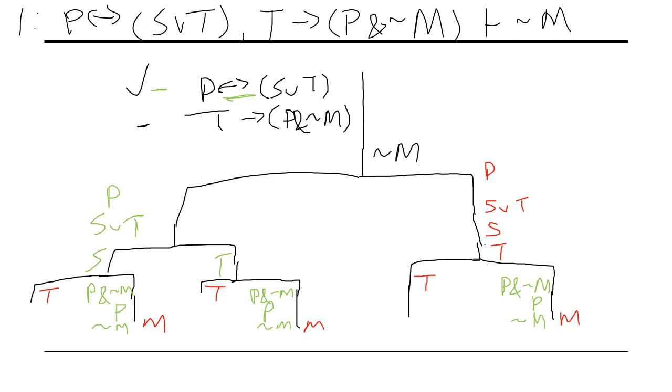Then that one is all done. And then the last thing we gotta do is flip this not M across the way on all these branches. That's good. So we'll just take this not M and turn it into a regular M on all of these branches.